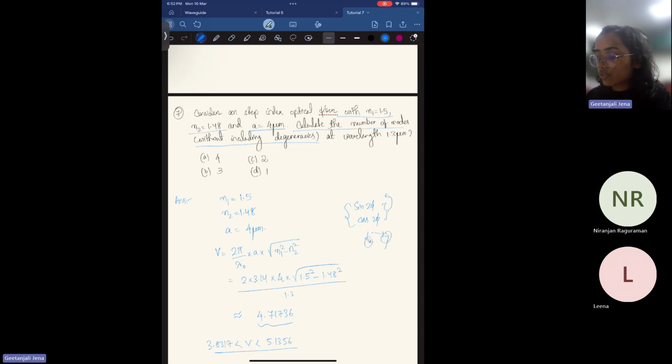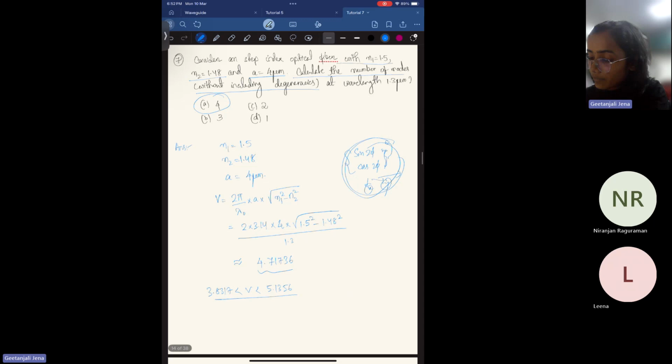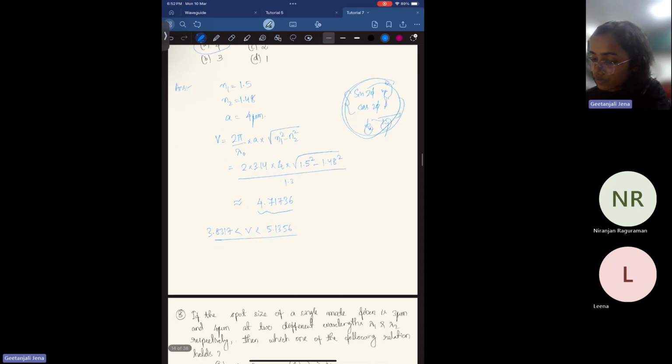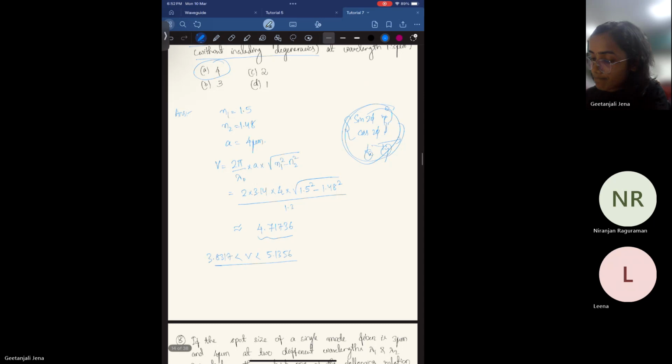We are not including the polarization term as well as the phi dependence. If you do not include these, we have a total number of modes as 4. So the answer would be option A.